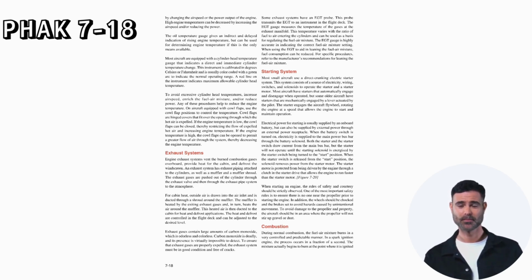Exhaust systems. Engine exhaust systems vent the burned combustion gases overboard, provide heat for the cabin, and defrost the windscreen. An exhaust system has exhaust piping attached to the cylinders, as well as a muffler and a muffler shroud. The exhaust gases are pushed out of the cylinder through the exhaust valve and then through the exhaust pipe system to the atmosphere.